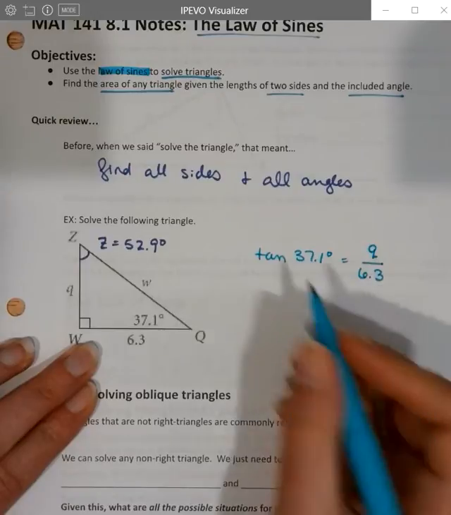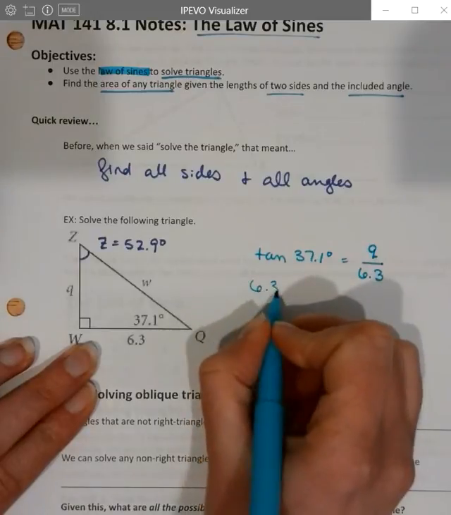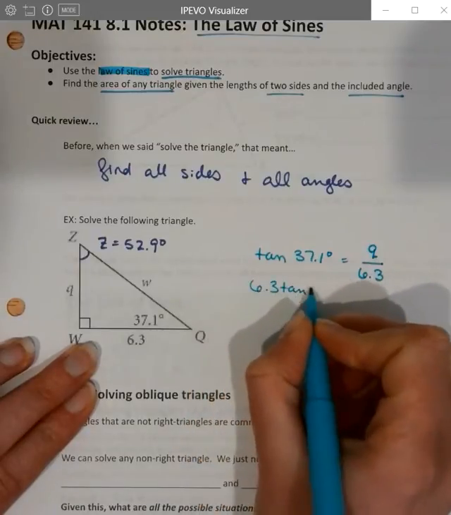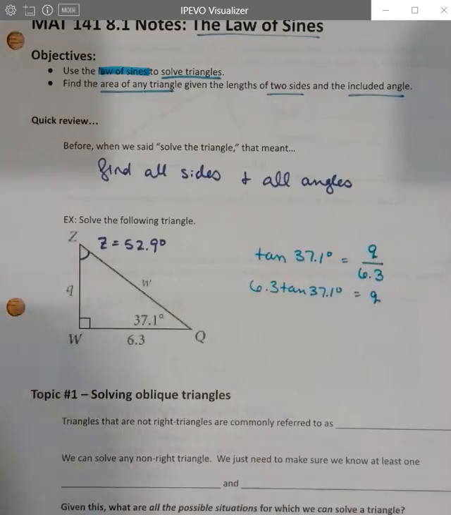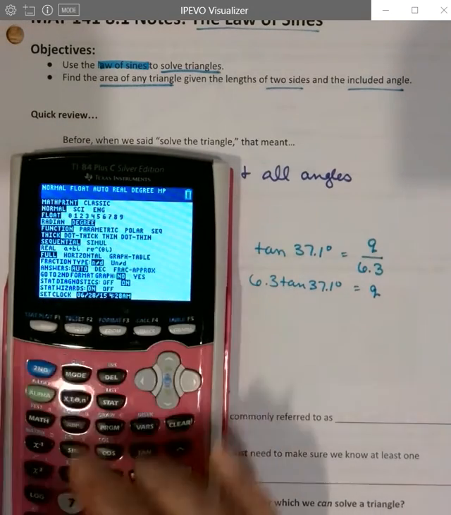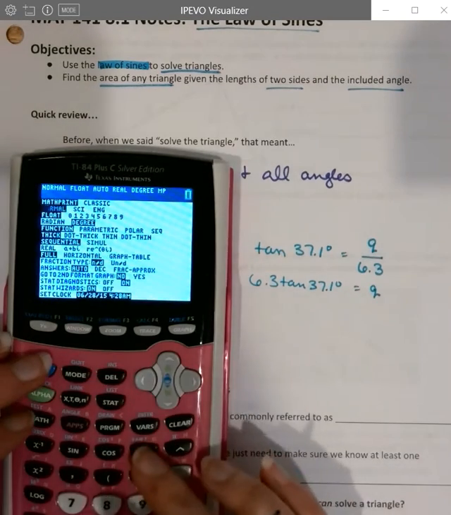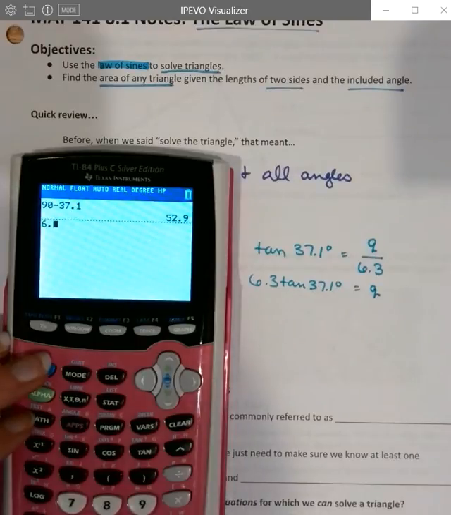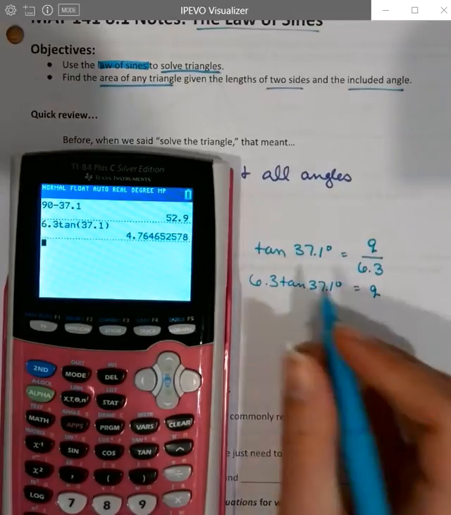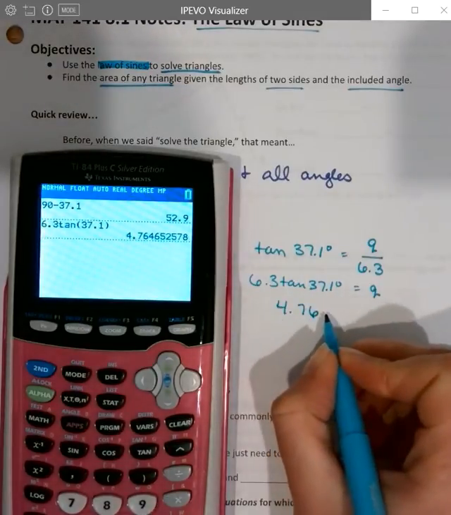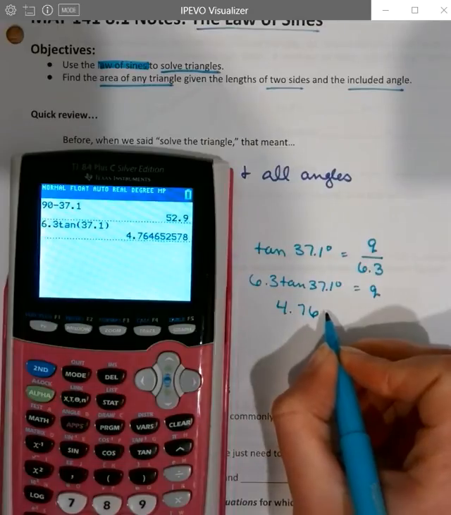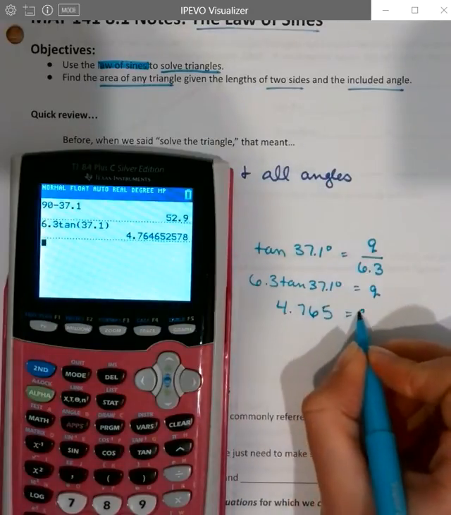If I multiply the 6.3 over, 6.3 times the tangent of 37.1 degrees equals little q. I check my mode, I am in degrees, so 6.3 times the tangent of 37.1 gives us a 4.765 side length for little q.